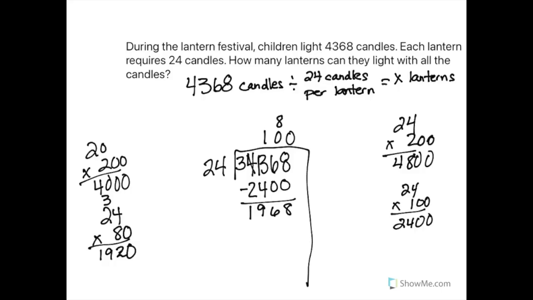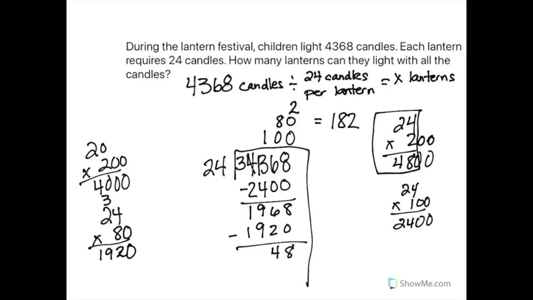So I'm going to put my 80 up here and subtract 1,920. 8 minus 0 is 8. 6 minus 2 is 4. I have 48 left over, and I could do that in my head. I already did this. 24 times 2 is 48. So I'm going to add that 2 right there.